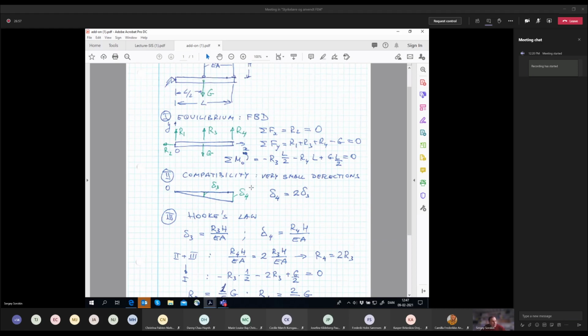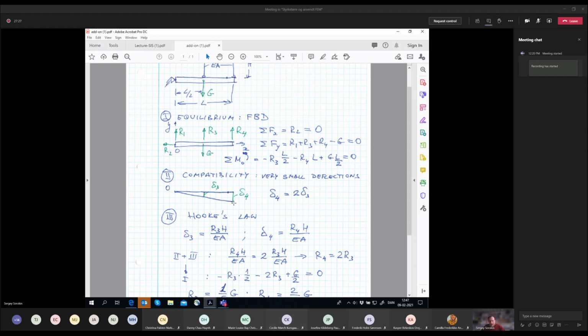But as I say, we say that the deflections are very, very small. So of course, there is some horizontal component of displacement to this point. It doesn't go strictly downwards, but we neglect it. And likewise, this point also, strictly speaking, has some deflection in the horizontal direction, but we also neglect it. So we say that both these points go strictly downwards.